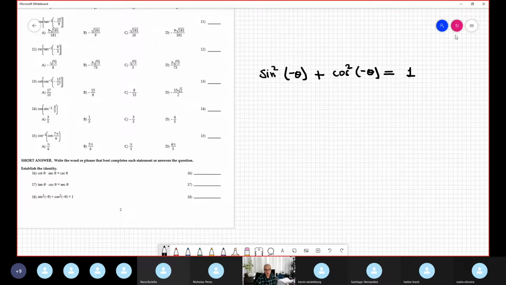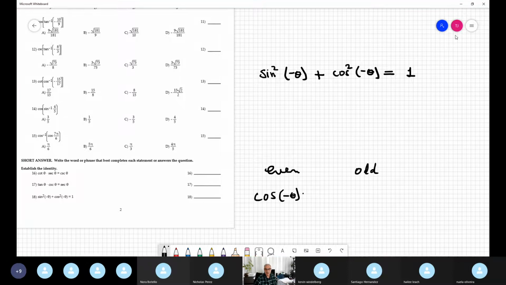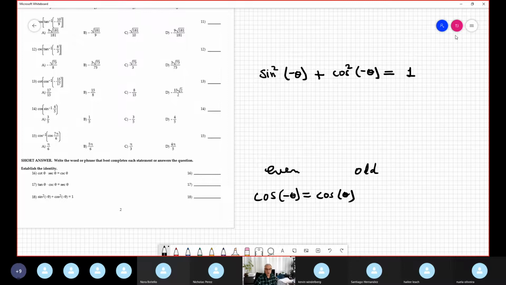I need to know the two famous trigonometry identities, even odd. I know que even es cosine, o sea, cosine negative theta is equal to cosine theta. Cosine doesn't affect the sign. I don't care que es negative or positive.